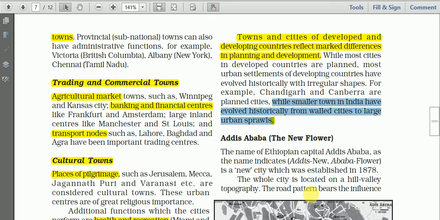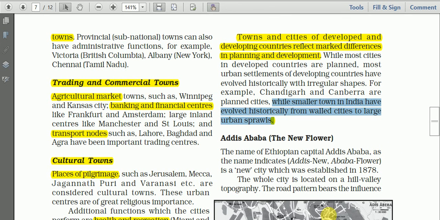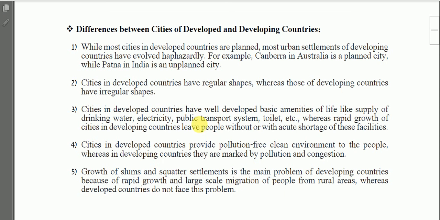More about these differences between the towns and cities of developed and developing countries are here. Differences between cities of developed and developing countries.